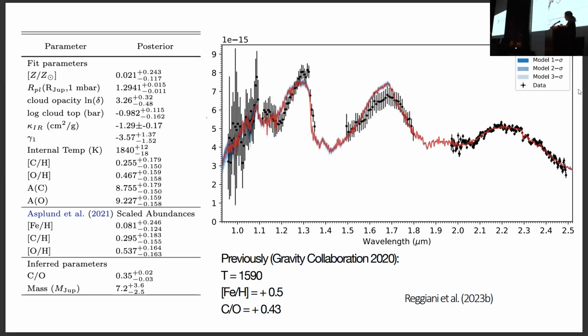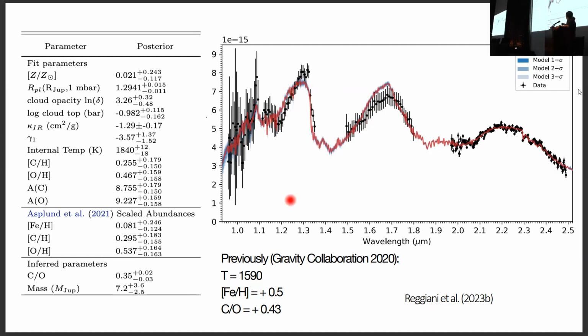And a metallicity of 0.5 for a planet that is about 10 solar masses-ish is just too high. For the formation processes that they concluded Beta Pic b had, it's extremely difficult to explain this type of metallicity.